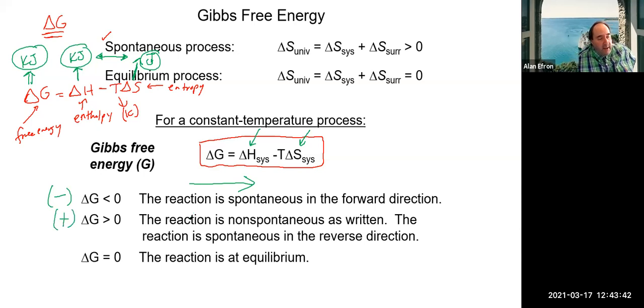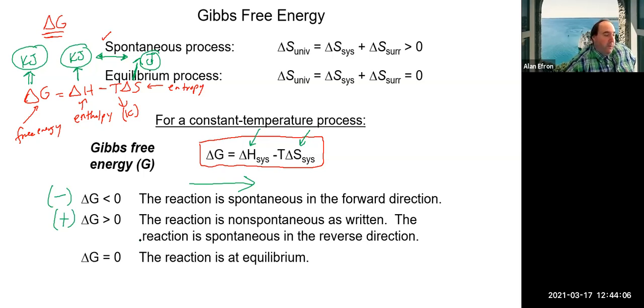The reaction is non-spontaneous the way it's written, and we would expect the reaction not to occur as written. But if you reverse the reaction, it would go in that direction. And if delta G is equal to 0, it would be considered a reaction that has basically reached equilibrium.